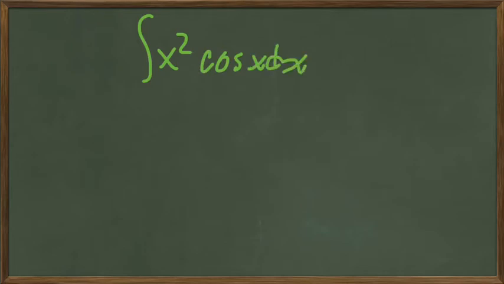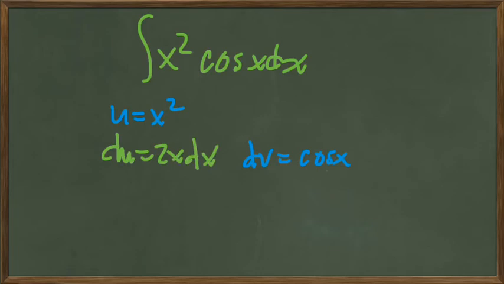Example 2 on this page, where we're integrating x squared cosine x dx. Is it just as easy as the previous one? Well, again, we let u equal the polynomial part, we let dv equal the trig or the exponential part, we calculate the du by differentiating and the v from the dv by integrating.